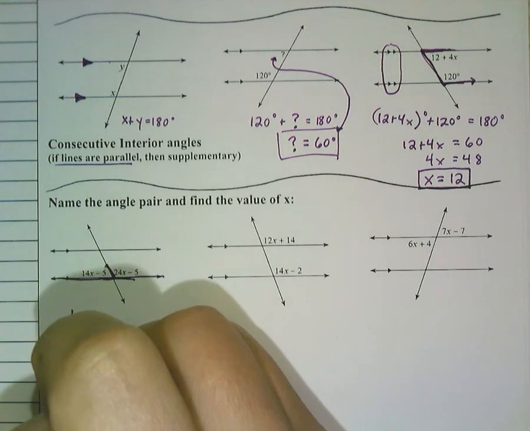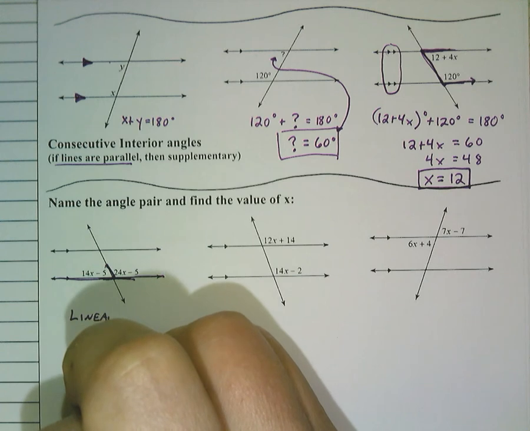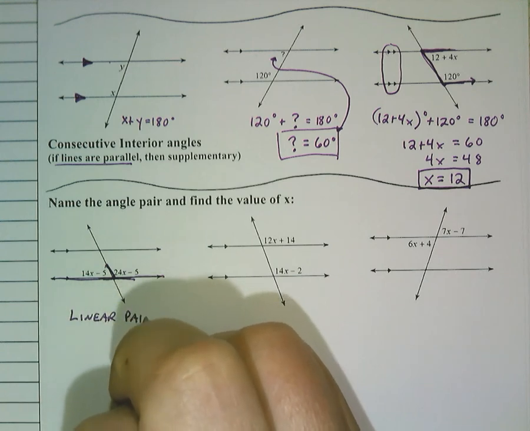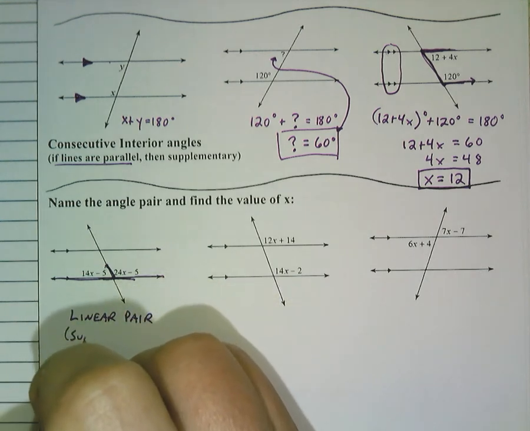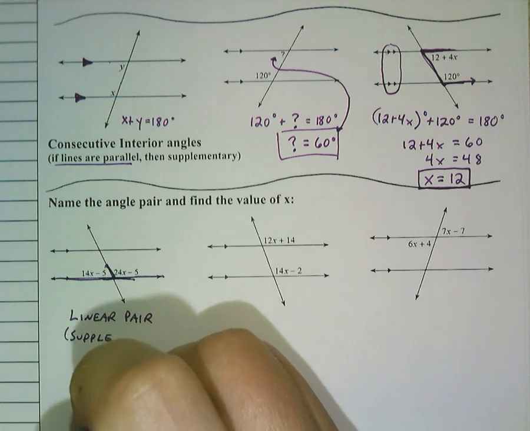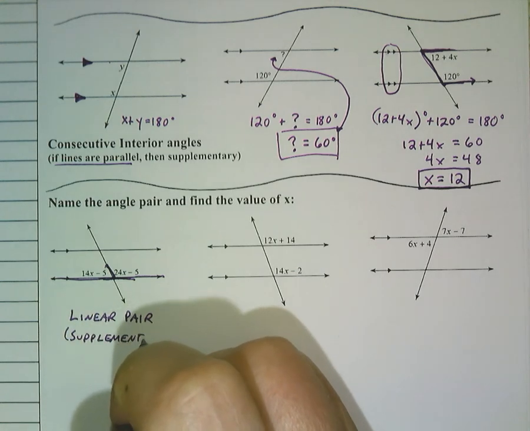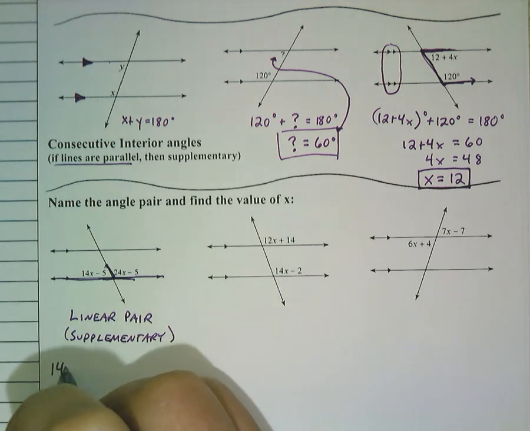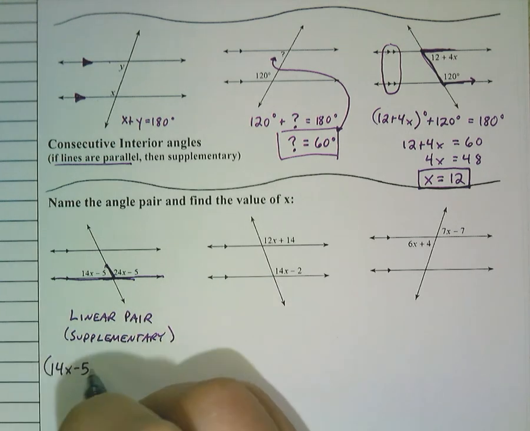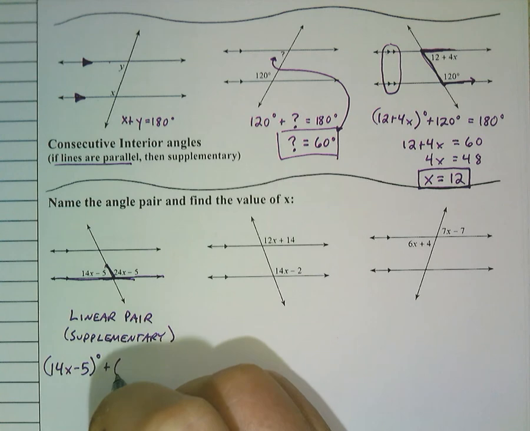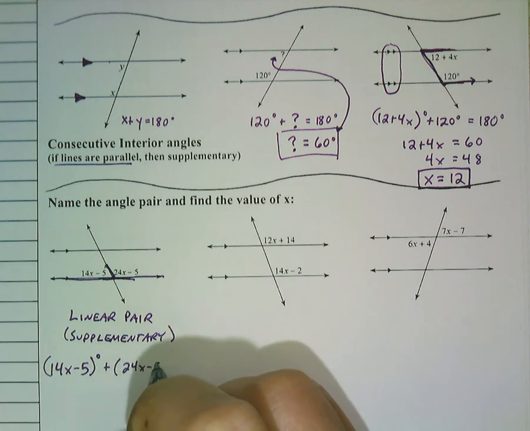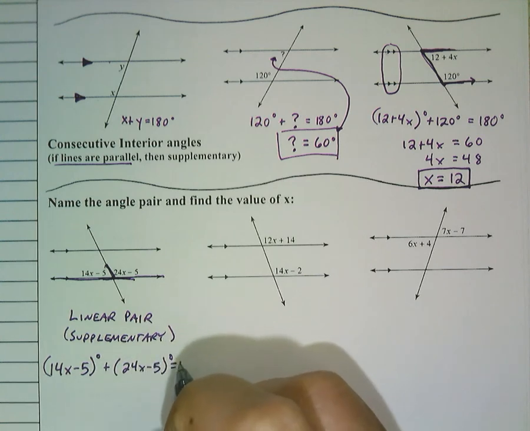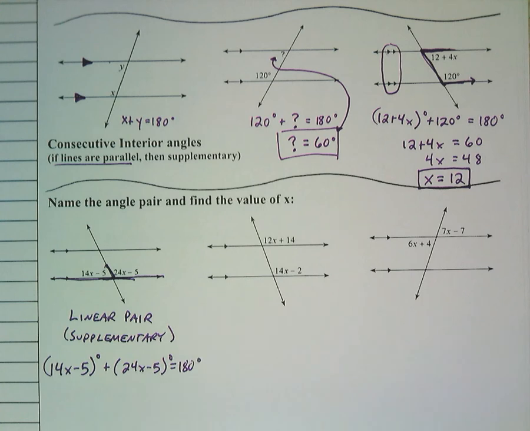So that is a linear pair. And because it is a linear pair, we know that the angles are supplementary. And what that means is the two angles add up to 180 degrees. So this angle plus this angle adds up to 180 degrees.